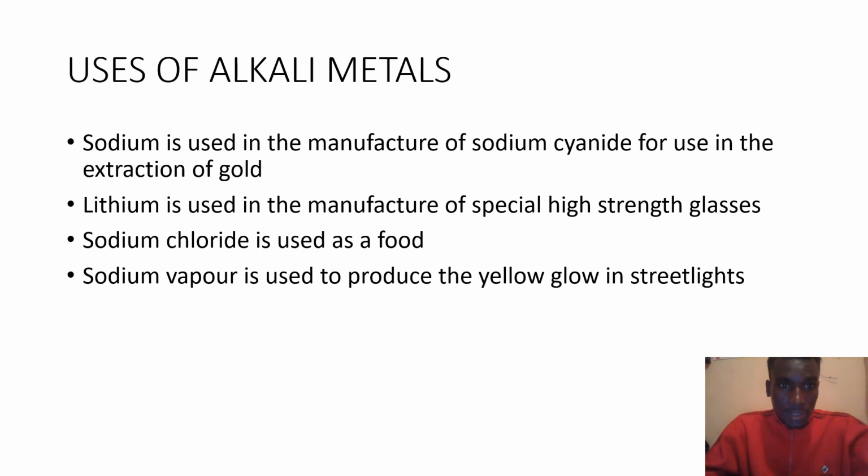For the next discussion, we are going to look at uses of alkali metals. We said earlier that they are group 1 elements, which are sodium, lithium, and potassium. Sodium is used in the manufacture of sodium cyanide for use in the extraction of gold.